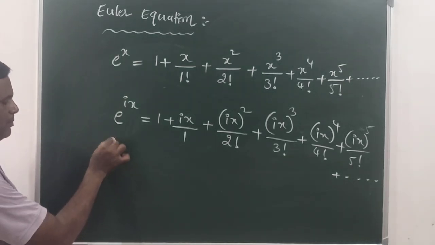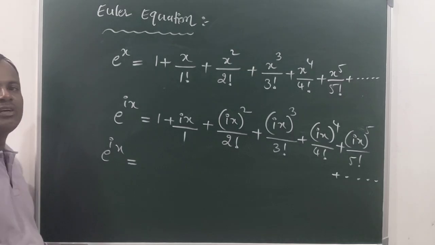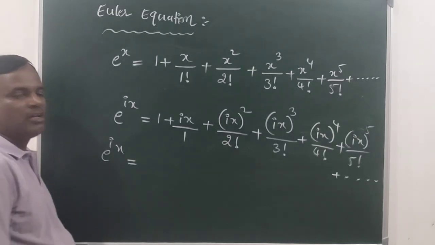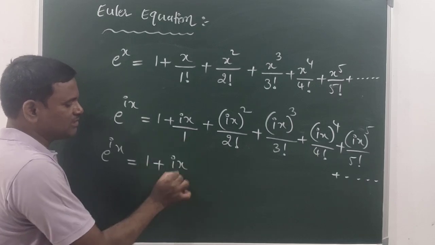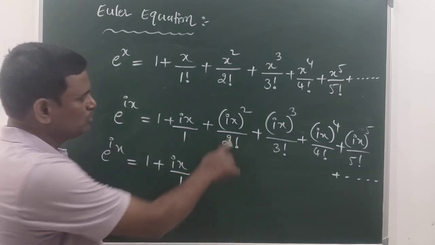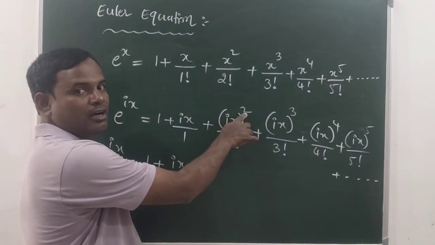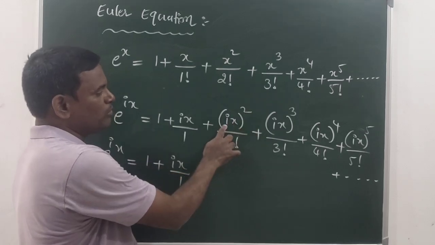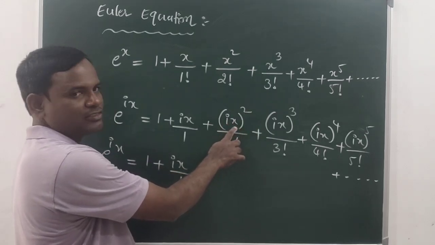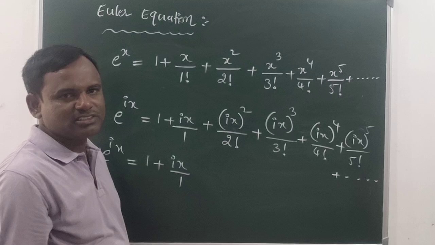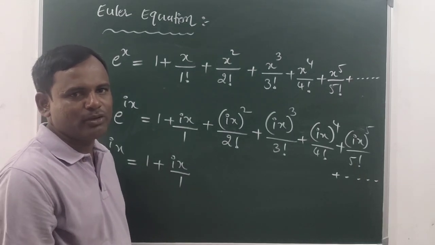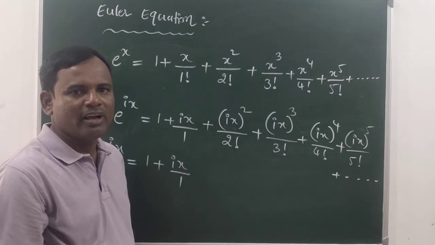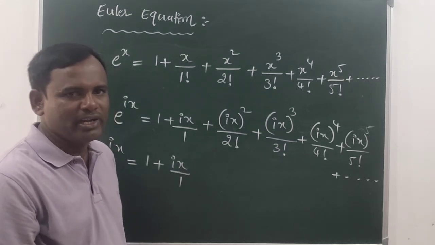So in the next step, see students, this one I am writing as it is, even this one also write as it is by 1. So here, distribute the square to i as well as x. Then it will become i square into x square. I square value, i means that is iota. i square is equal to minus 1.